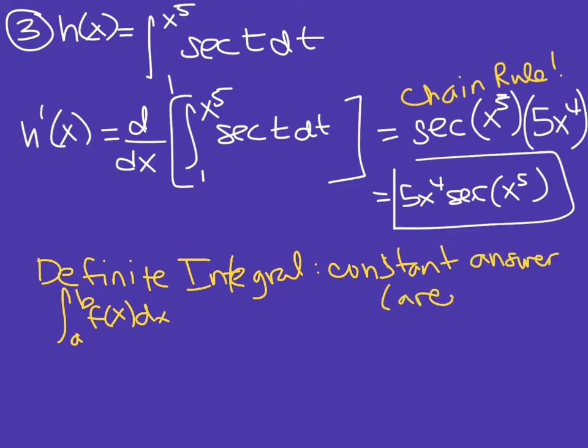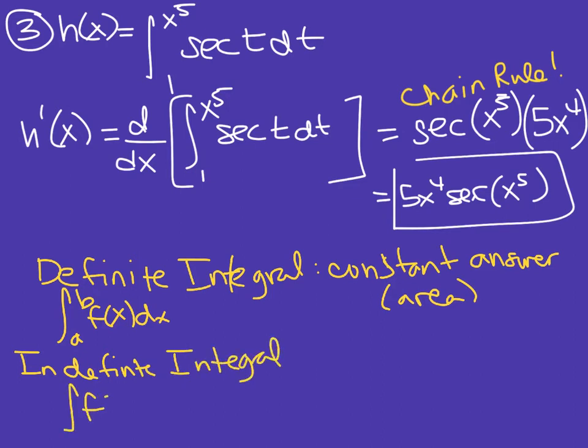So now, an indefinite integral, those ones are the ones where you do not have the upper and lower values. You just have something like this. The answers for those are going to be a function.